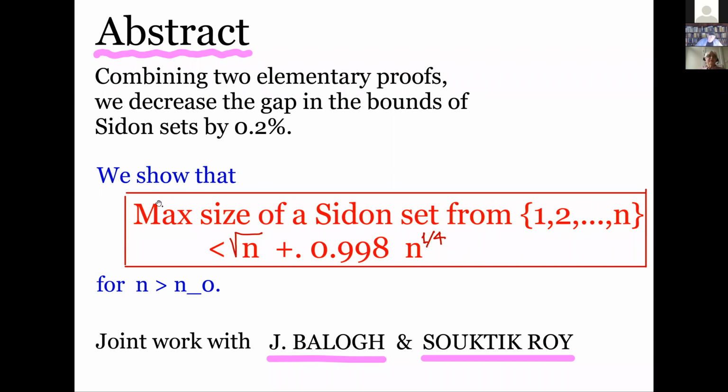The main thing here is a slight improvement on the upper bound on the maximum size of a Sidon set of the first n integers. And on this slide, the most important thing are the names of my co-authors, Yoji Balog and Shoktik Roy.